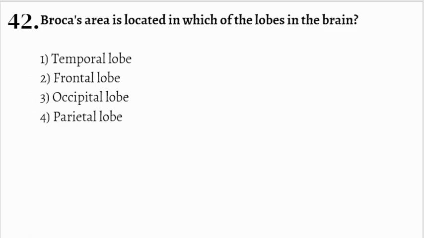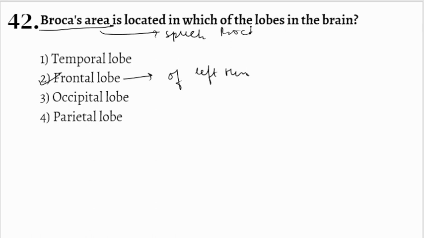Broca's area lies in the frontal lobe of the left hemisphere, and it is important for speech production. And there is another area which is relevant to the processing of our language, which is Wernicke's area. In which lobe is it?